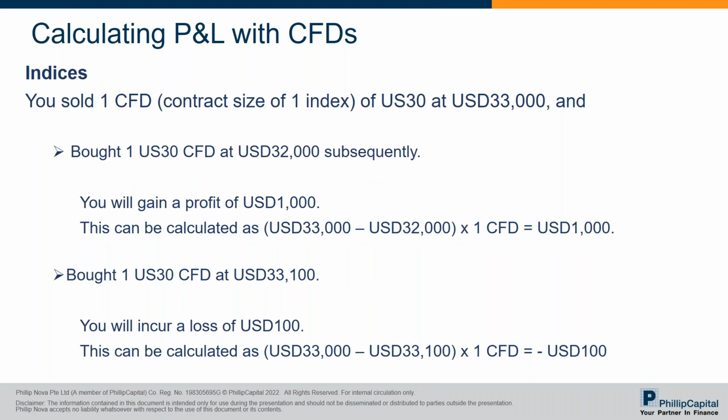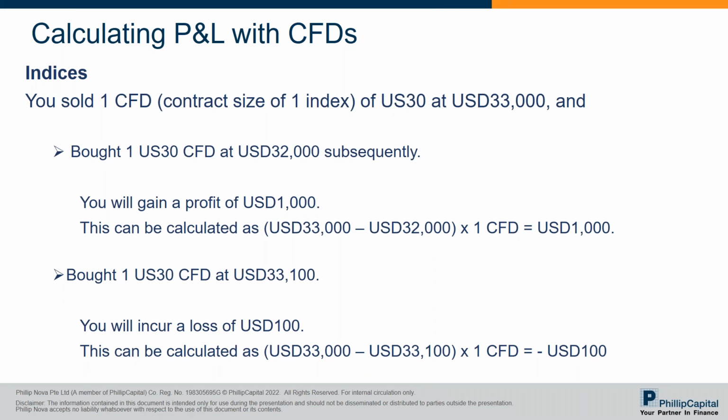Let's say this is a short position. You're selling one CFD of US30. For indices, normally one CFD equals one index unit, because the index itself is pretty huge. So you are selling one CFD contract, one USD per point, at $33,000. Eventually, you bought it back at 32,000.